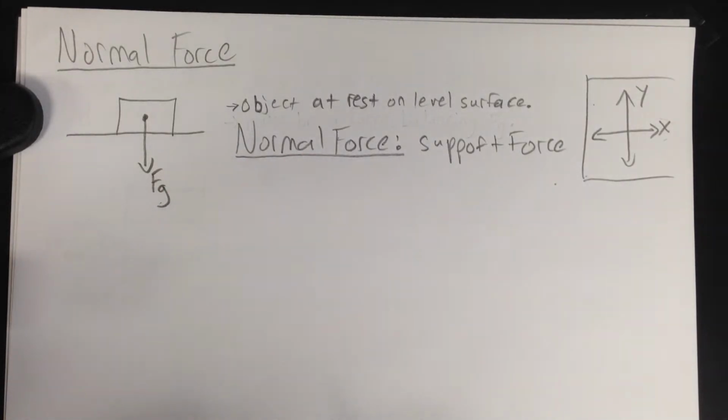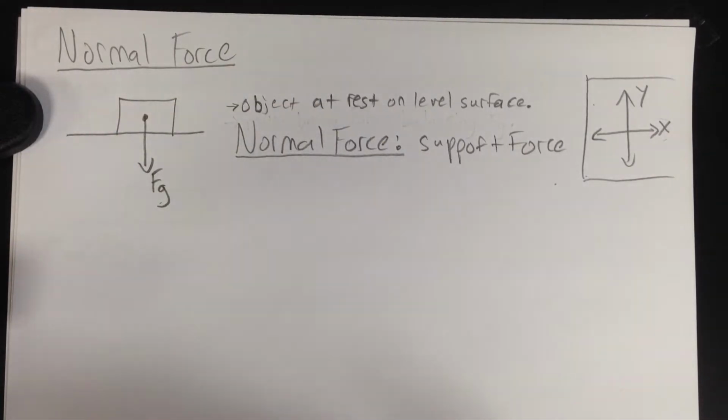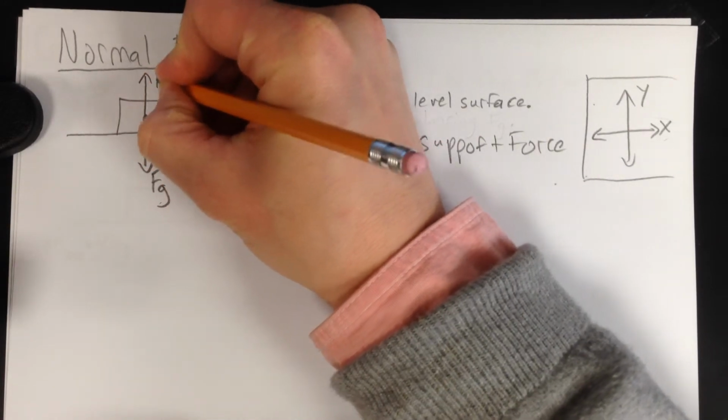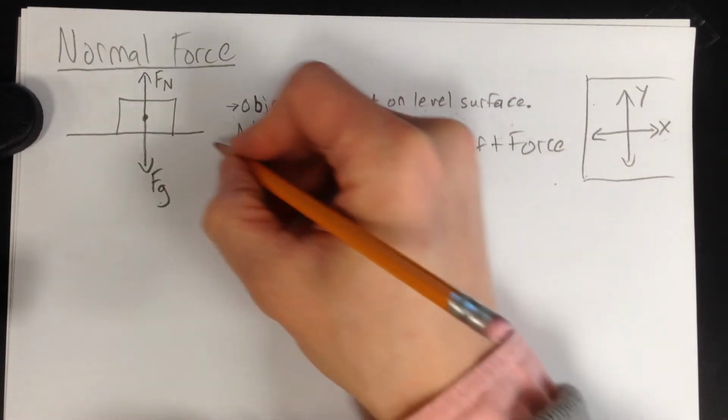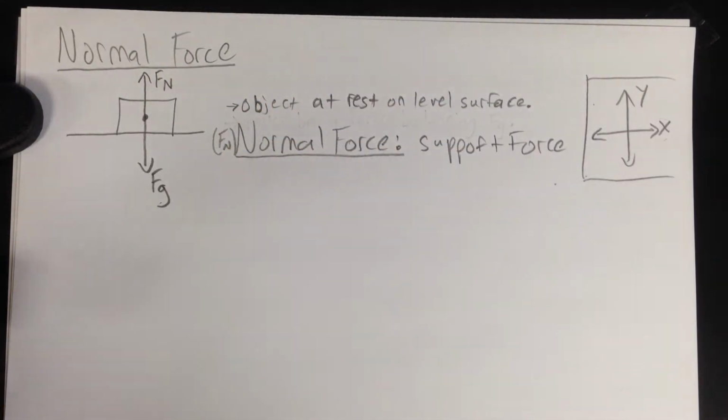It would go straight through that table. So what we know from our eyes is that in order for that object to remain at rest on the table, there needs to be some force balancing gravity, and that force is called the normal force, Fn. Right next to the definition of normal force, we write Fn to represent it.